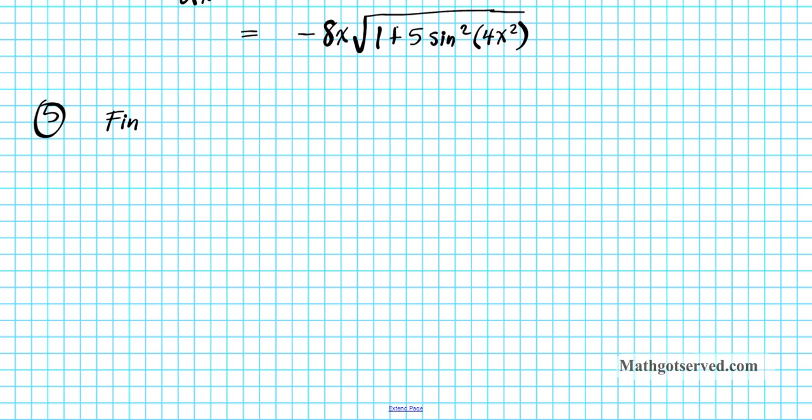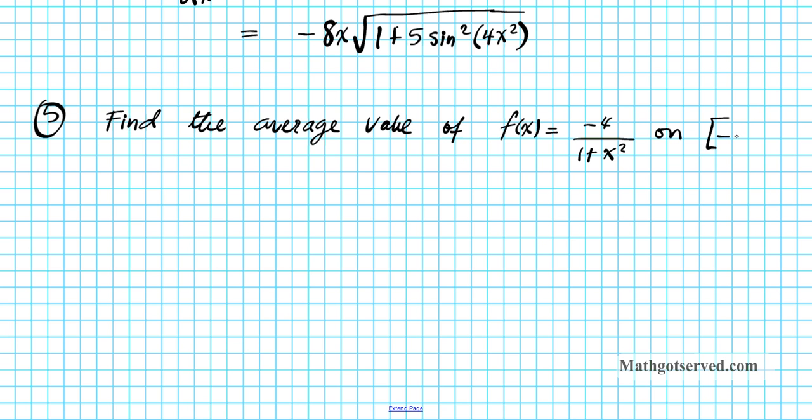Find the average value of f of x equals negative 4 over 1 plus x squared on the interval negative root 3 all the way to 1.